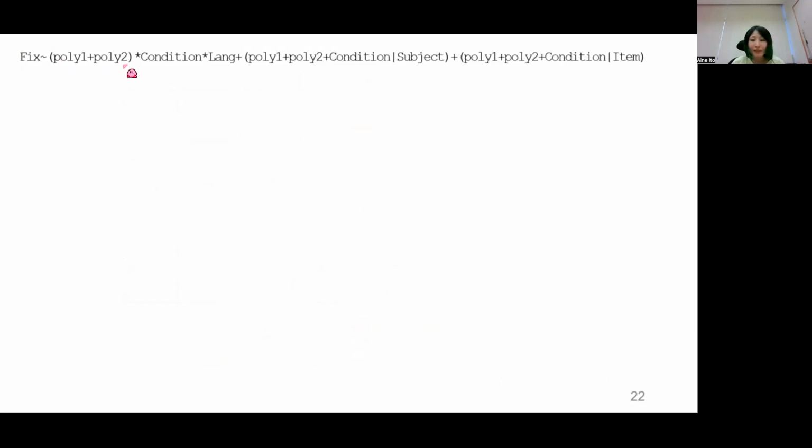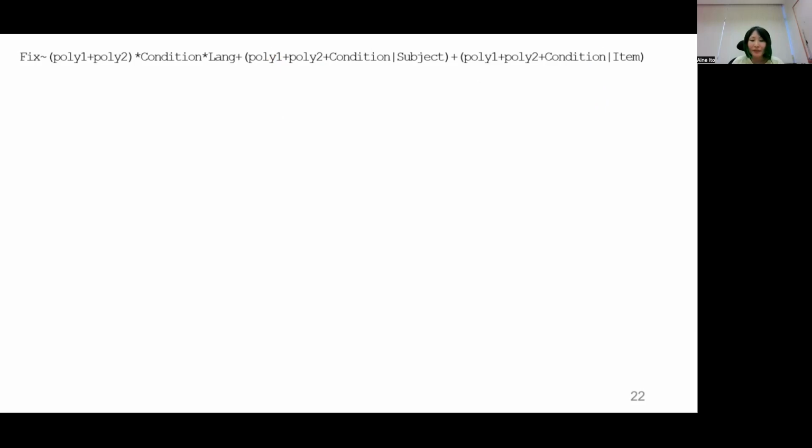So here I use linear and quadratic terms. And we're looking at the main effects and interaction of condition by the language group with the random effects. Of course, you should choose random effects based on your design and the model fit and so on. But this is the one I used for this data for now.